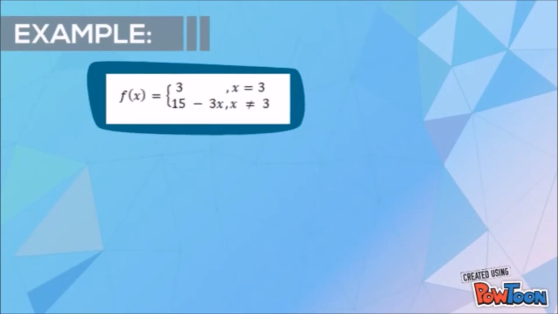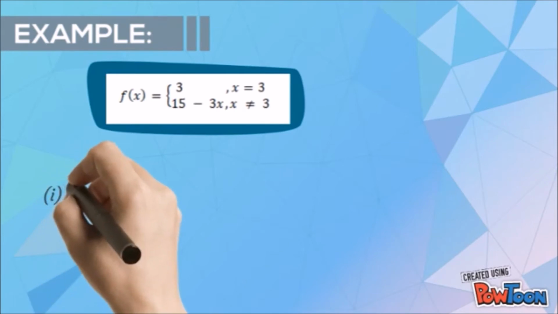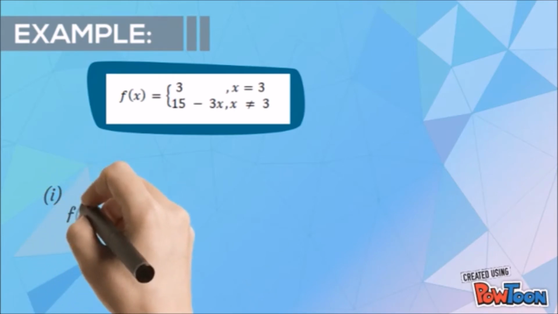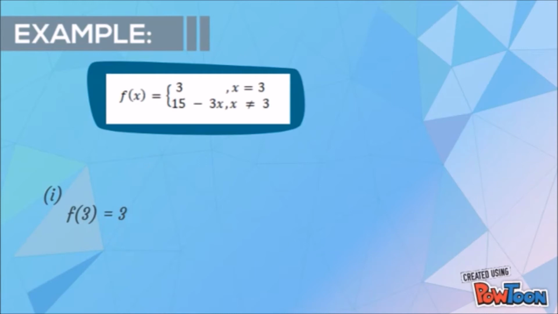For example, let us find out if the piecewise function is continuous. Let's find f of c by simply finding the function that has an x equal to c. If there is a numerical value, then it means f of c exists. Then, let's find out if the limit of f of x as x approaches 3 exists.